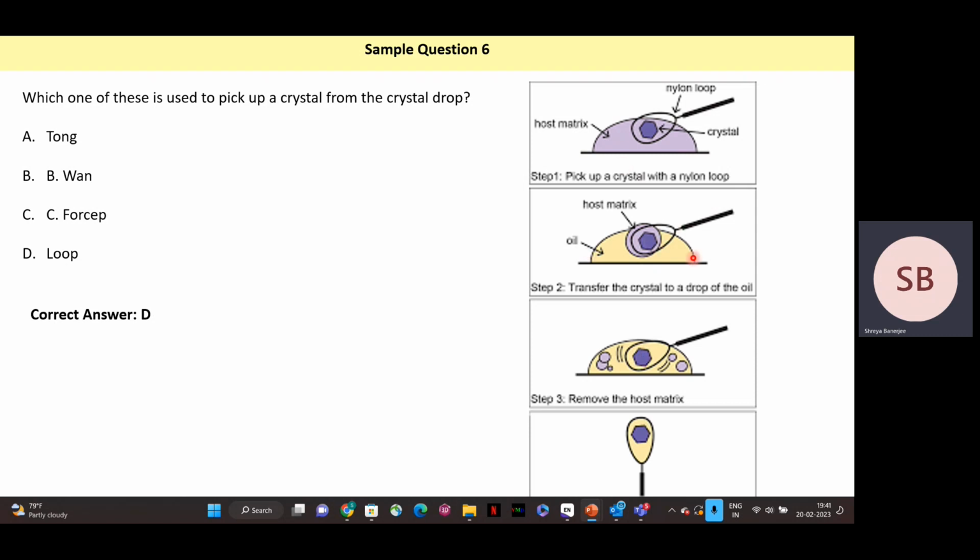In this oil, the host matrix is removed, and you have the loop having the crystal and the oil. Then this is mounted onto the goniometer, and then you can find out the angles between the different faces of the crystals using the goniometer. So it is the loop which is used to pick up a crystal from the crystal drop.